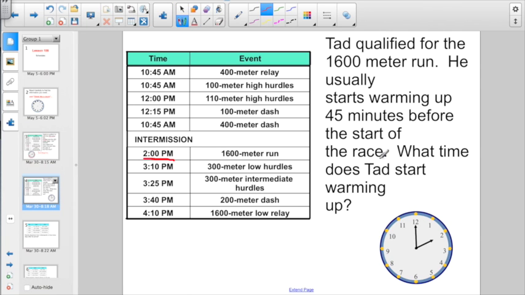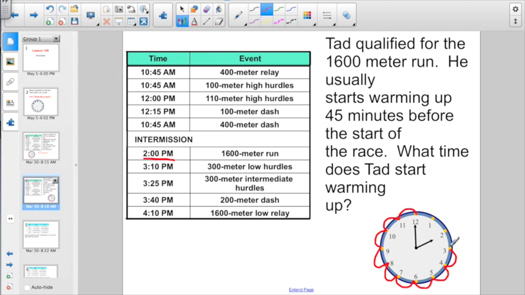The minute you start going before, is it 2 o'clock anymore? No, right now it's 1:55. So 5, 10, 15, 20, 25, 30, 35, 40, 45.